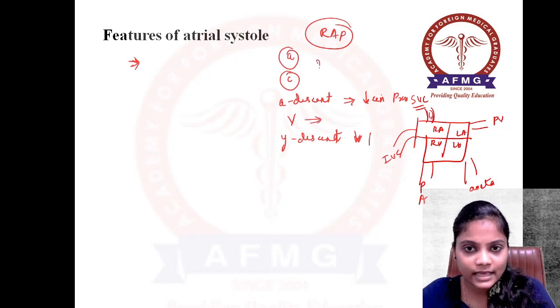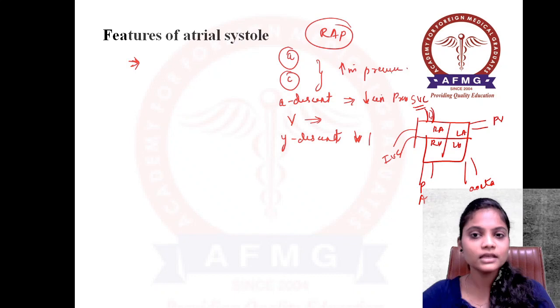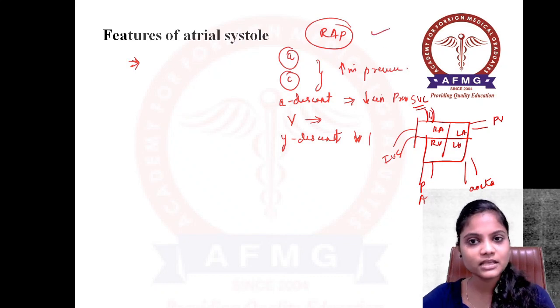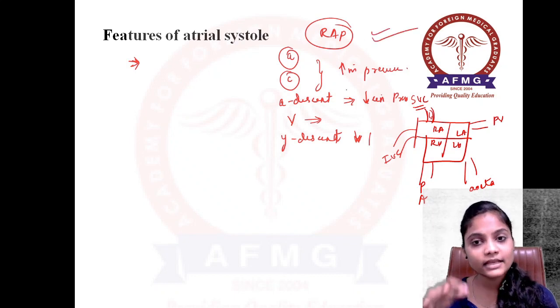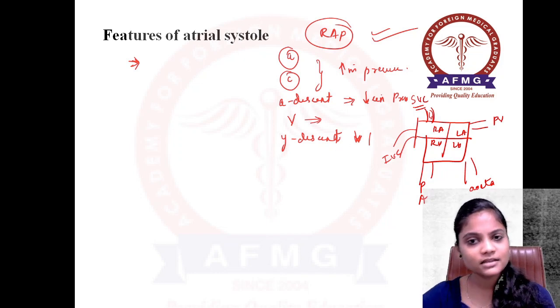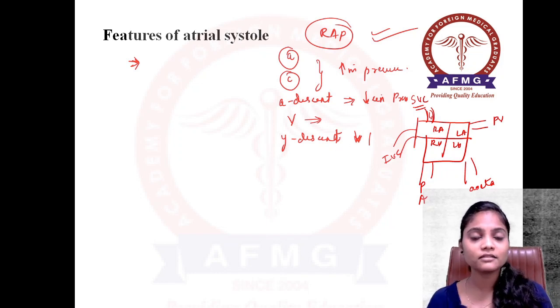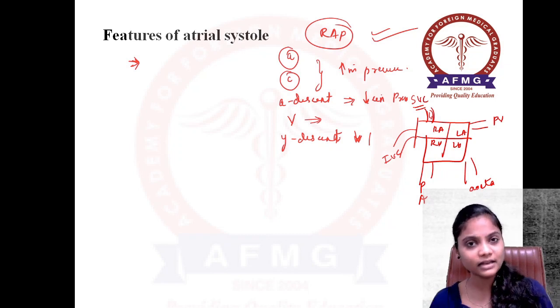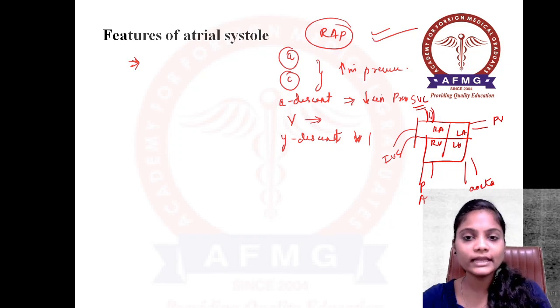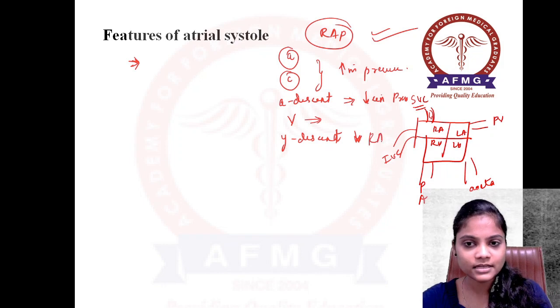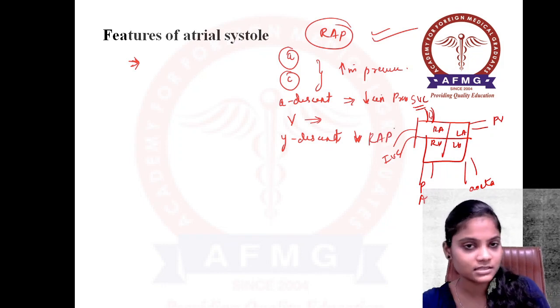In both A and C, there will be an increase in right atrial pressure. I am giving you this in a very simplified manner, so that we are not supposed to read it in a difficult manner. So Y descent means there will be a decrease in right atrial pressure, very simple.